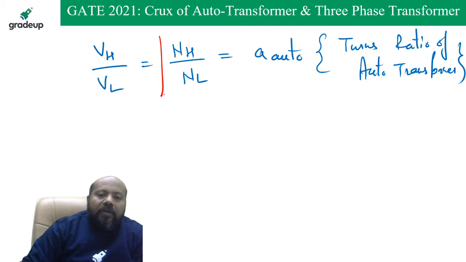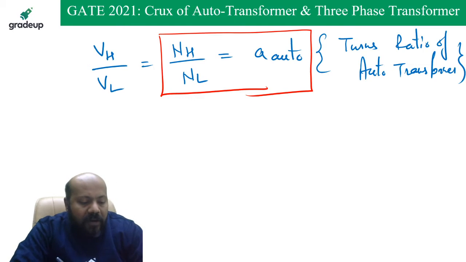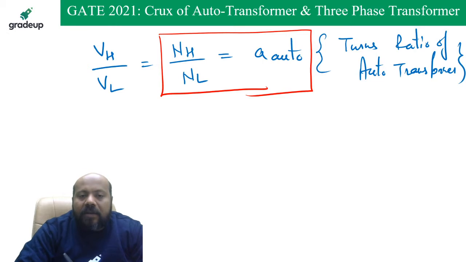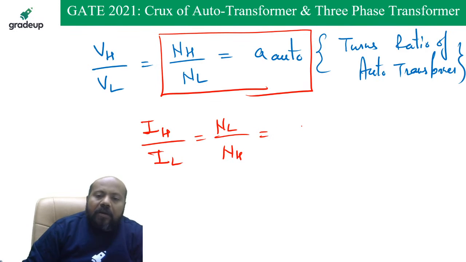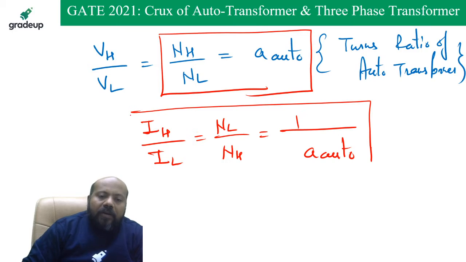This is very, very important: always write the auto transformer turns ratio as the high voltage number of turns divided by the low voltage number of turns. Similarly, you can write IH upon IL as NL upon NH by the MMF balance equation, and you can write it as A auto transformer. Second important equation.